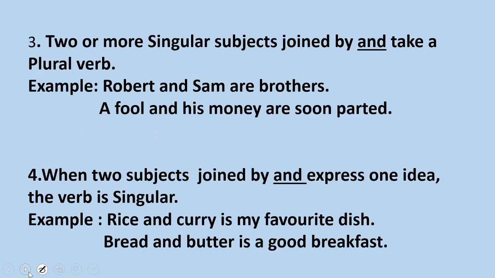Number third example you see. Two or more singular subjects joined by and take a plural verb. Now, if there are two or more singular subjects, here one is Robert and the other one is Sam. Two subjects are there.